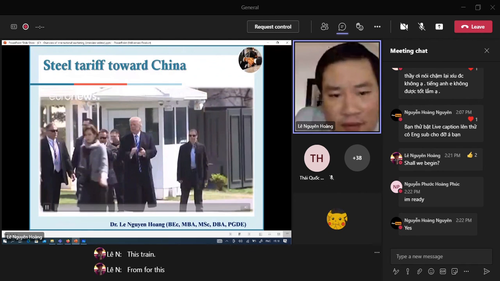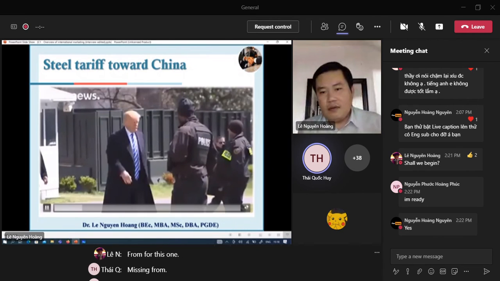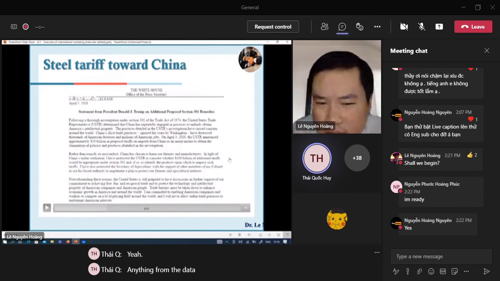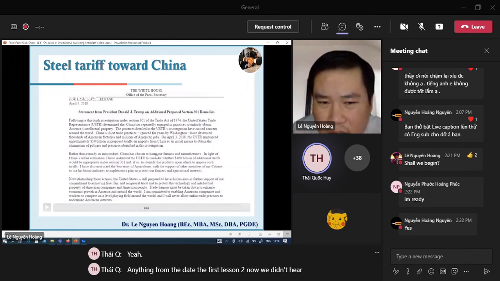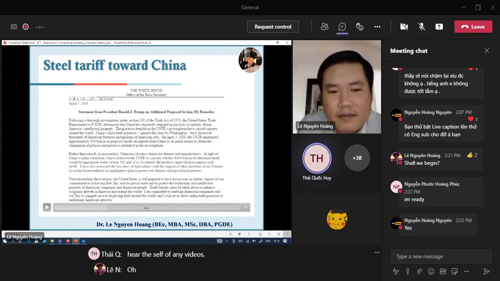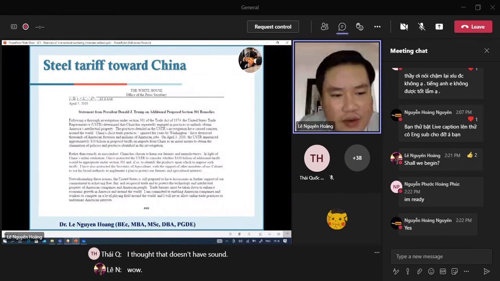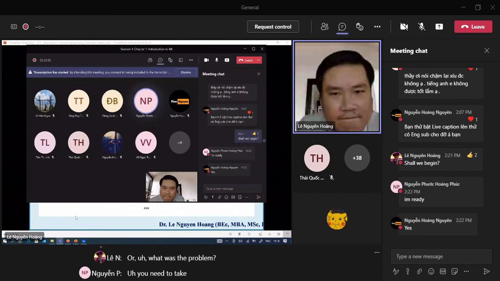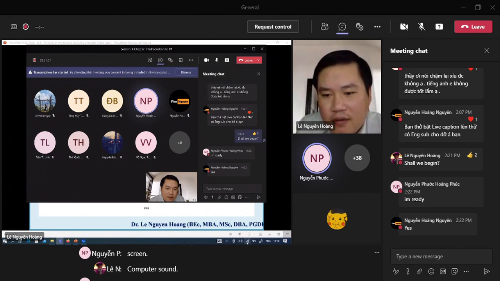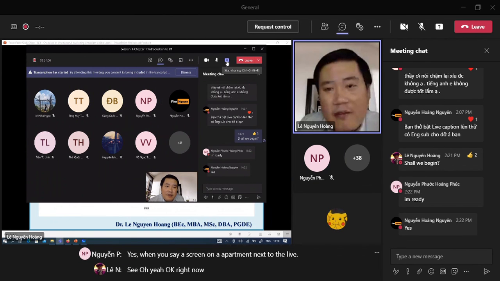I think from the first lesson until now, we didn't hear the sound from any videos. I thought it didn't have sound. You need to tick the computer sound option when you share the screen, on the button next to the left. Okay, now let me try it again.